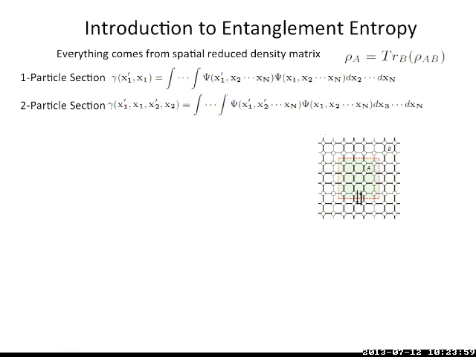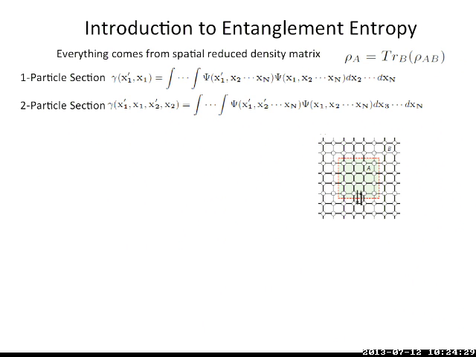Just to give you an example of what these particle sectors look like, this looks like a standard 1RDM integral. But the difference here is that the coordinates I'm integrating over are all in region B, and the coordinates that I'm keeping only exist in region A. In this way, I can calculate all the one-particle matrix elements that belong in region A, and I've integrated out all the information in region B.